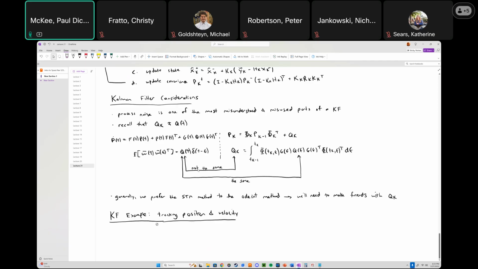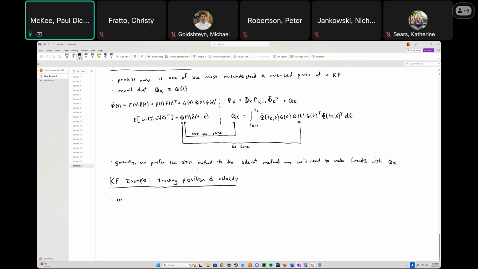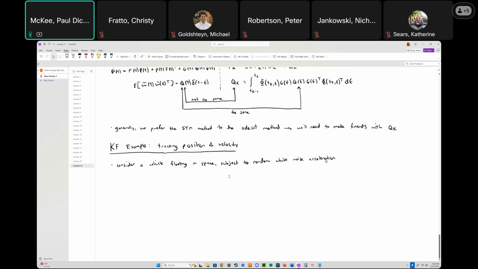Consider a vehicle floating in space subject to random white noise acceleration. This is not quite the system on homework 5, because there it's going to be subject to two-body motion and random white noise acceleration. But we'll start with a simplified model.